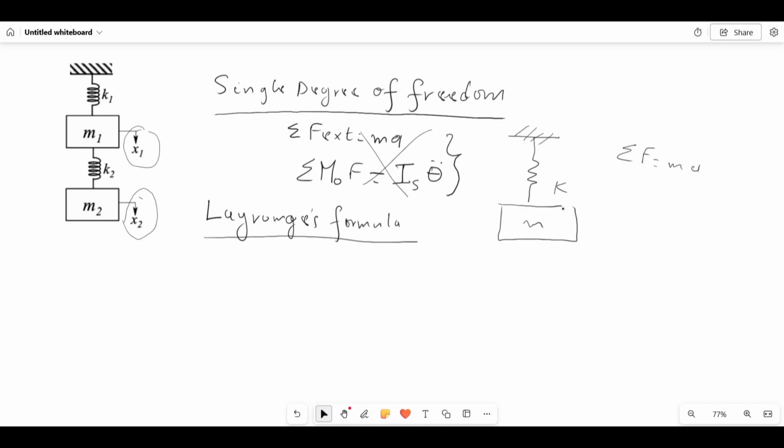So what is the general formula of Lagrange's that we will be using? I'm just going to write it and you will see, guys. It is very, very easy. Here is the general formula.